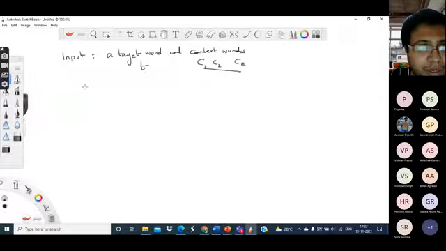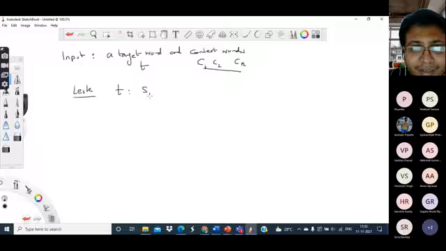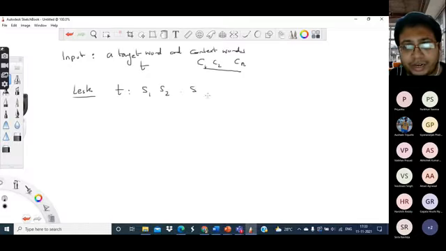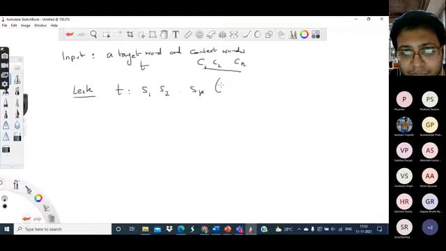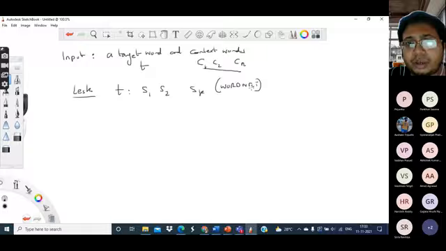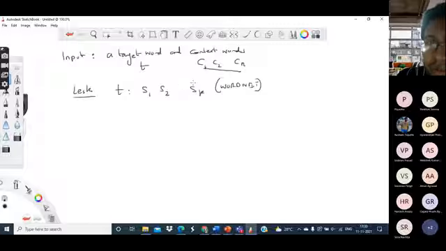Now what happens in the LESC algorithm? You consider that the target word T has k senses S1, S2 up to Sk according to WordNet. All these senses are associated with a part of speech also.